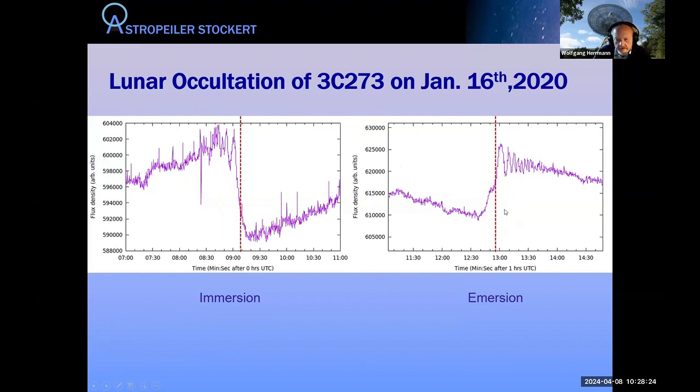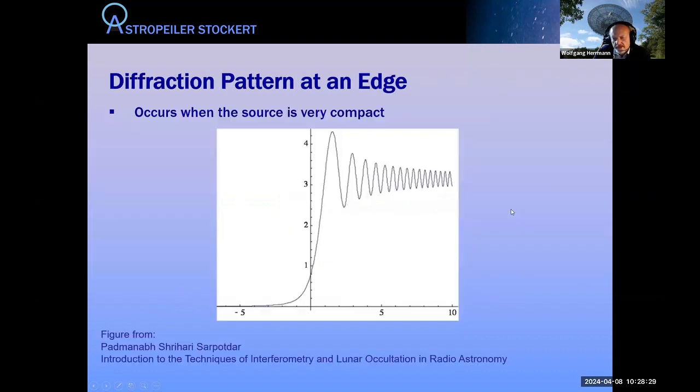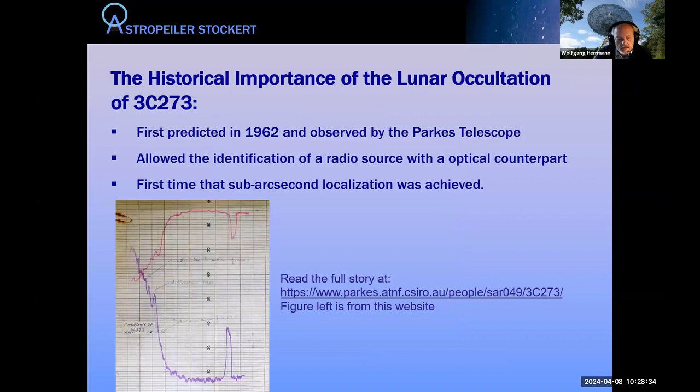And this finding that it is a compact object was made back in 1962, because observing the lunar occultation of 3C273 is a radio observation that is of great importance in the history of radio astronomy. Back in 1962, the nature of radio sources was only vaguely known.